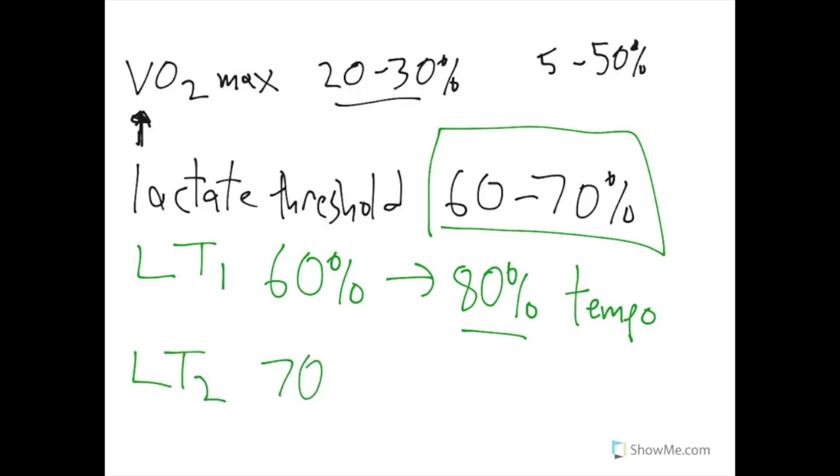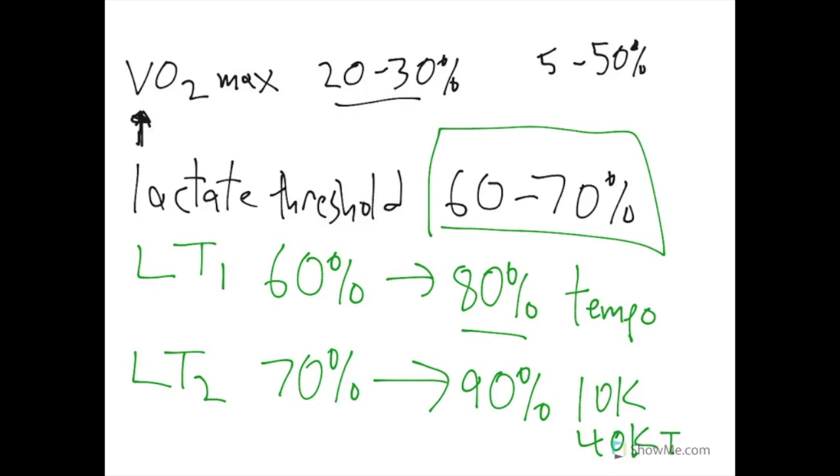And then your lactate threshold 2, which is normally a little bit higher in the untrained state, you're closer to your VO2 max at 70. You can get that, if you work hard, to 90%. So you can actually exercise at 90% of your true VO2 max, which is incredible. And this is your 10K or your running race or your 40K time trial in cycling.